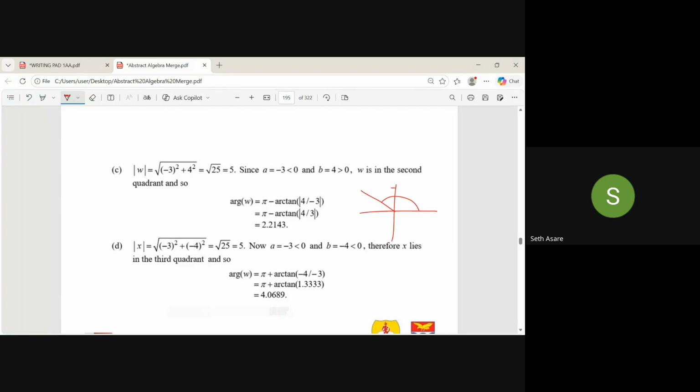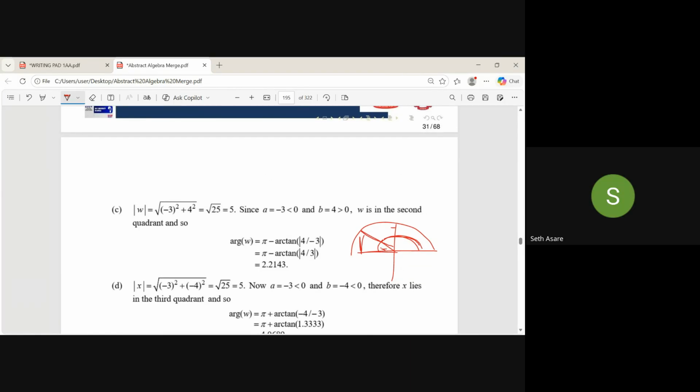So what do we do? Because of this line and this one, we can find the triangle here and find the angle which is here, this small one. When we subtract this small angle from 180, we'll be able to get what we want. Are we clear? Yes, sir. So that is what we are doing.